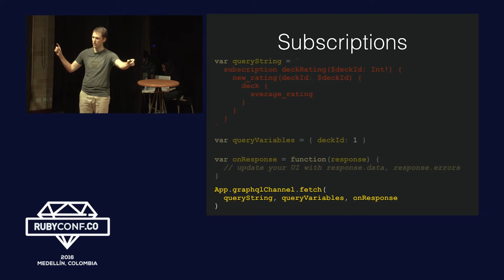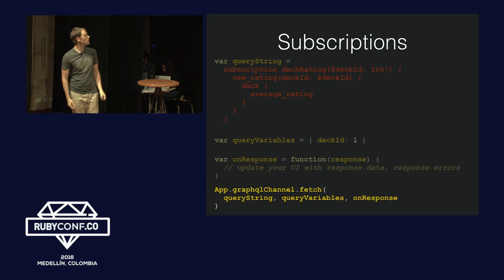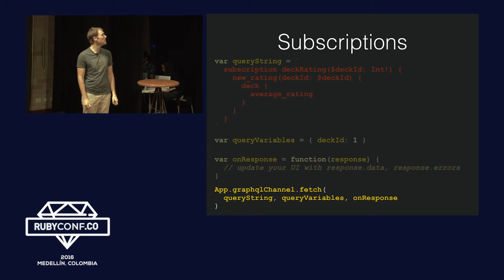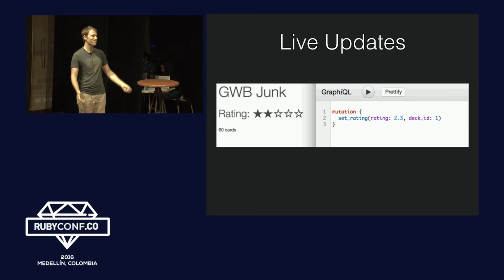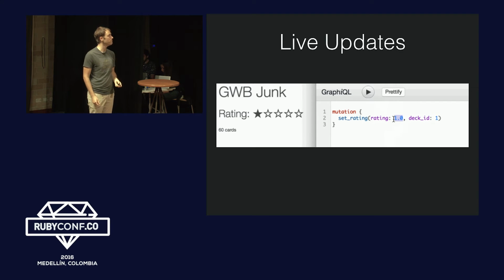Connect the client to the server and say, whenever this event happens, send me the new data so I can update my user interface. That's what I have in mind. So here I'm proving that it works. We're using GraphiQL to send new data to the application, and then ActionCable updates the page by a GraphQL subscription.